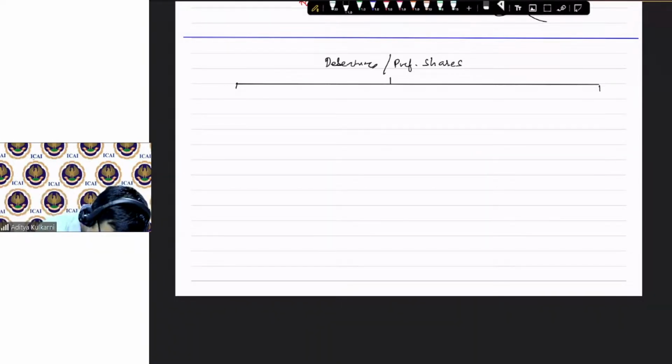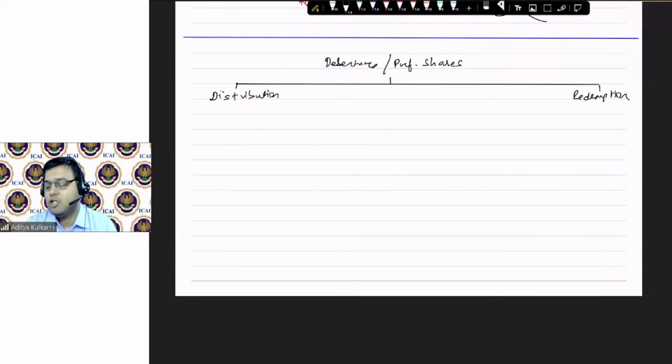Look at the cash flows: one is the distribution and one is the redemption. Distribution means you pay the interest or the preference dividend, and the second is redemption of the principal amount.